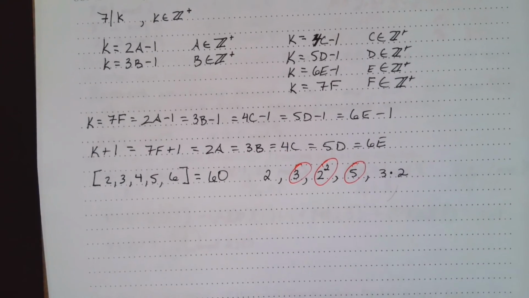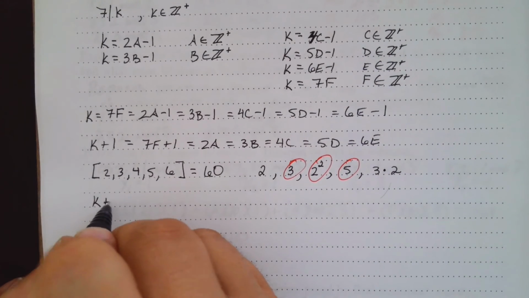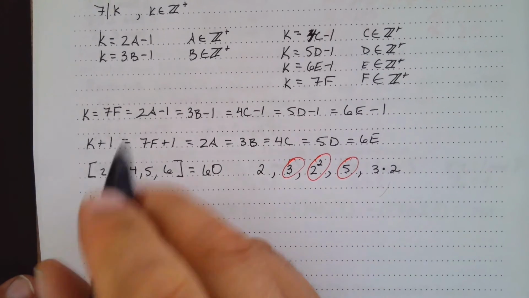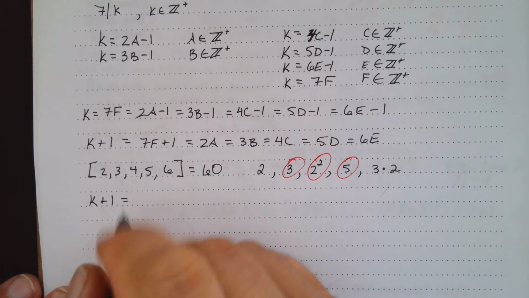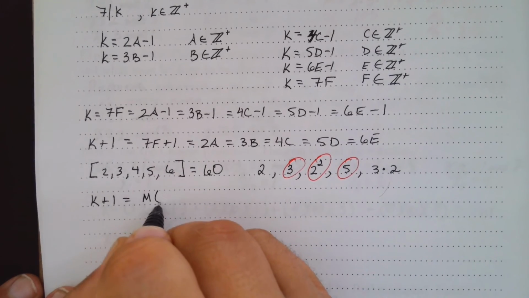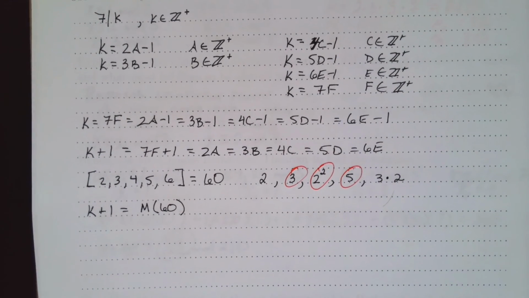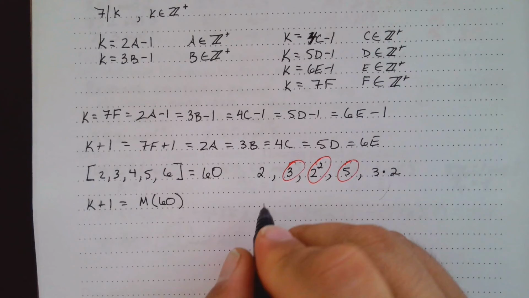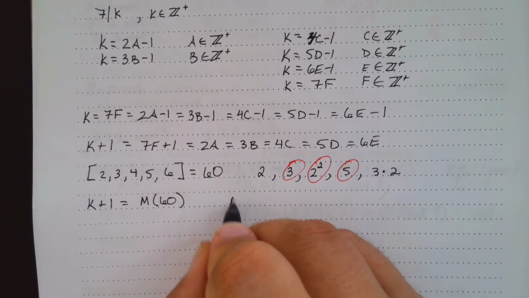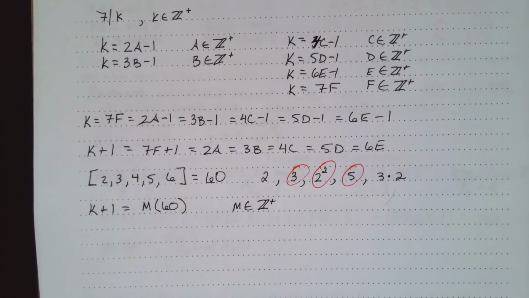Okay, so now what do I know? I know that k plus 1 must be equal to some multiple of 60, where, of course, m is going to be a positive integer.